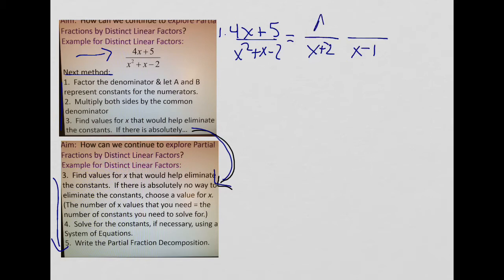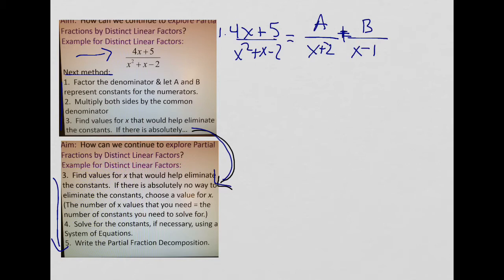A couple things. Our numerators are always an expression that is one degree lower. So we have A over x plus 2, B over x minus 1, and we always add our fractions because we're combining our fractions together.